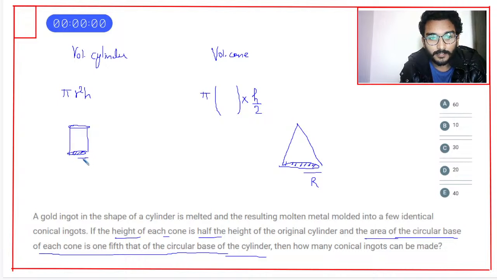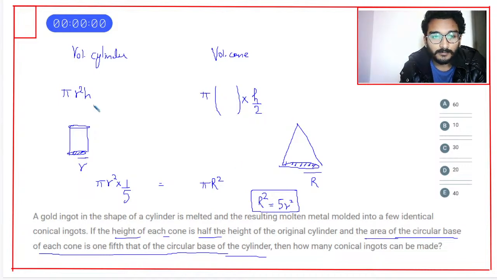The area of the cylinder's base is pi R square, and the cone's is pi r square, which is 1/5 of this part. So I can say here that R square equals 5 into small r square. So this is a relation between the two radiuses.